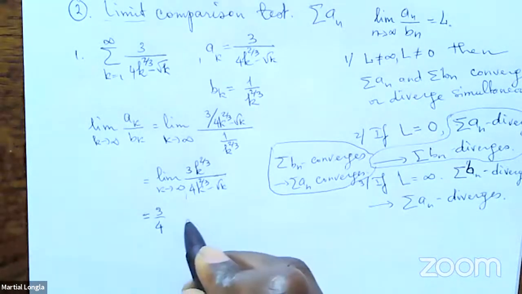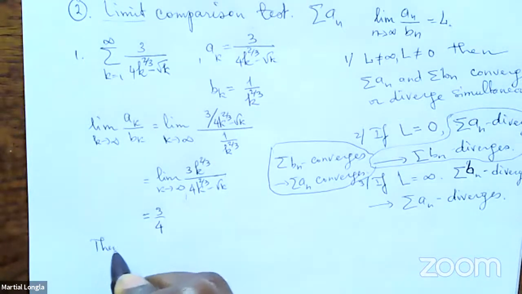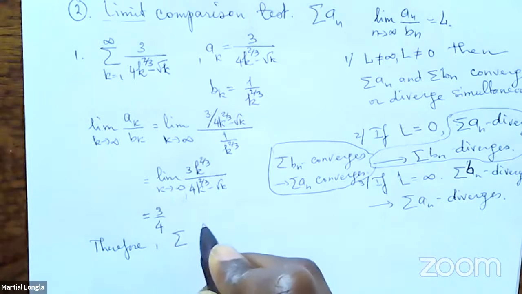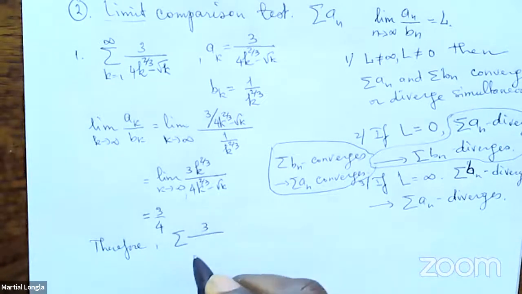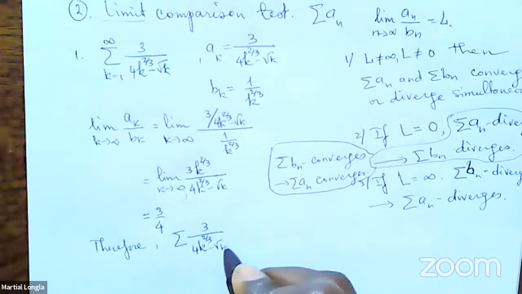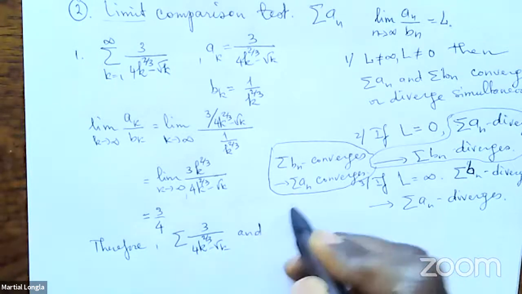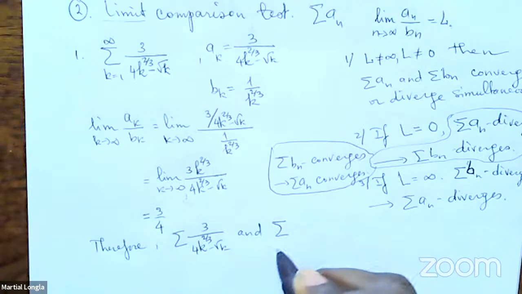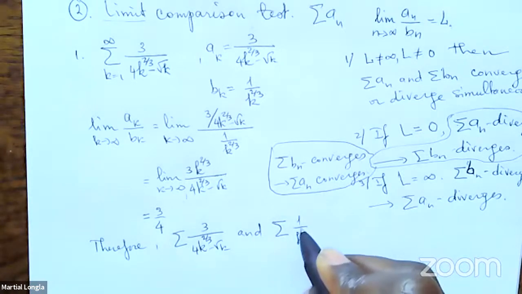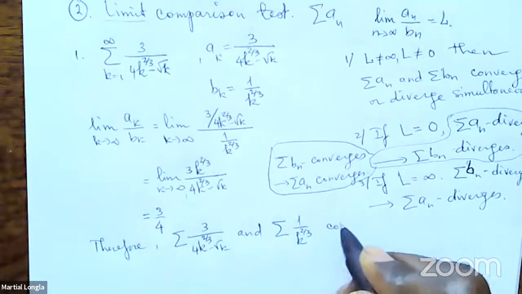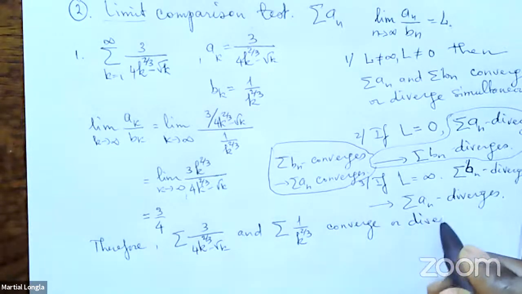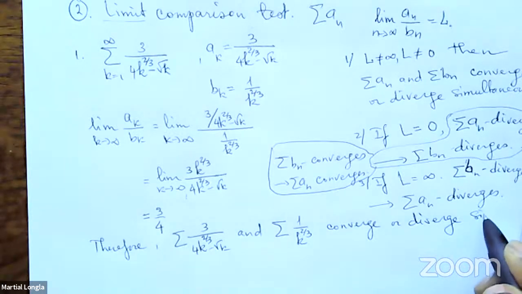Therefore, the sum of 3 over 4k^(2/3) minus root k and the sum of 1 over k^(2/3) converge or diverge simultaneously.